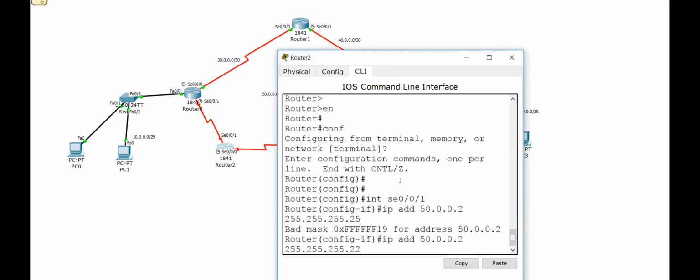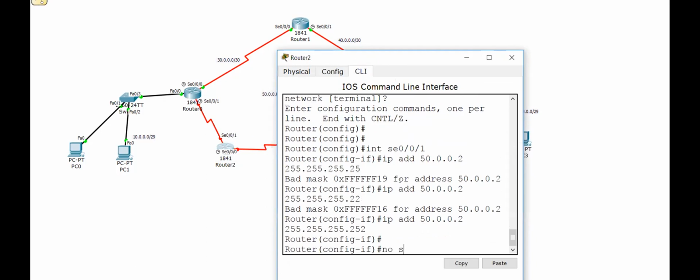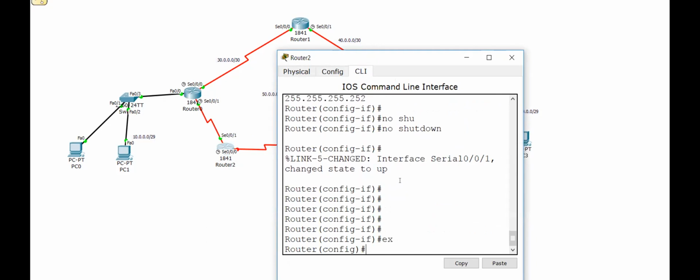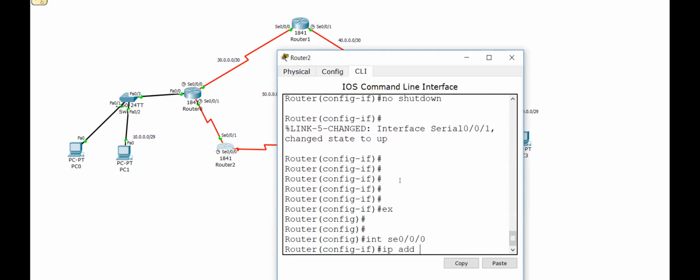I'm doing it a little bit fast because we have already done IP addressing, no shutdown, and now on the new serial 0/0/0 I'm going to choose 100.0.0.1.